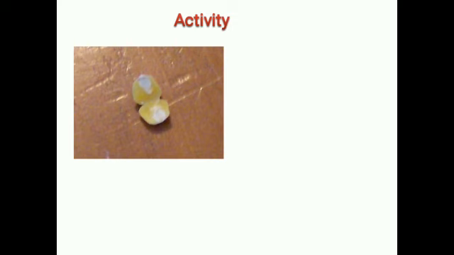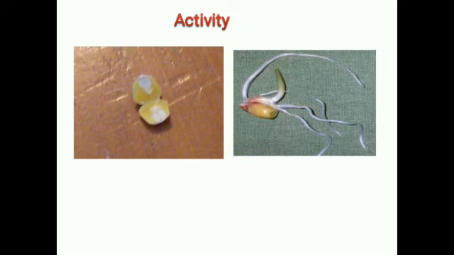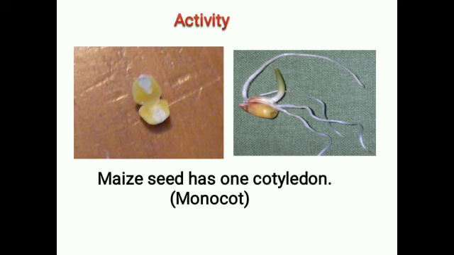Now the second seed is the maize seed. You can see in this picture there is only 1 seed leaf. So the maize seed has 1 cotyledon, or you can say the maize seed is monocot. Have you got it about the activity?